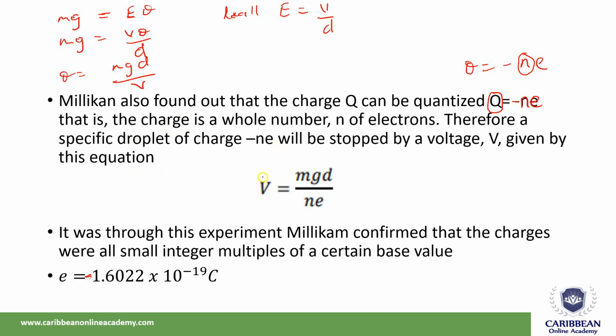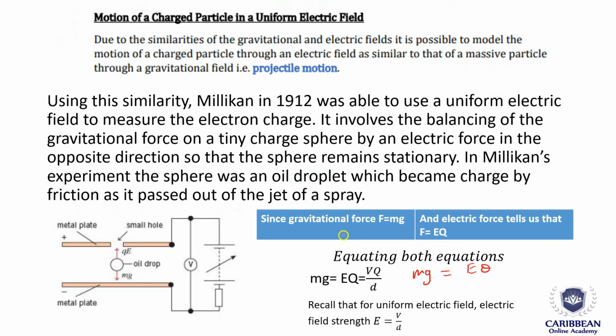Now, by manipulating that same equation, we can come across another thing. As I said before, during the experiment, he had to manipulate some type of variable resistor, so to speak.